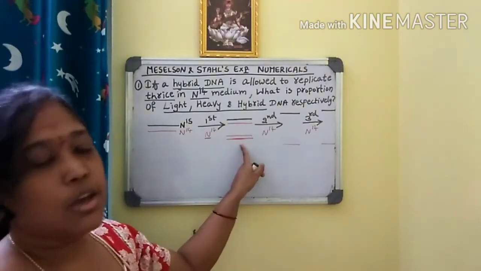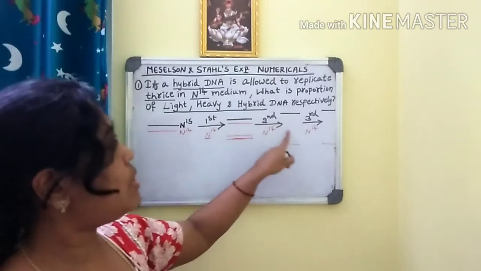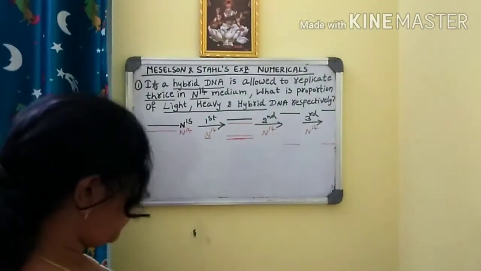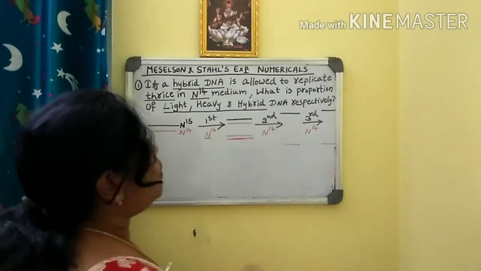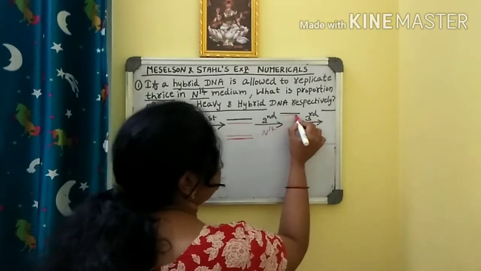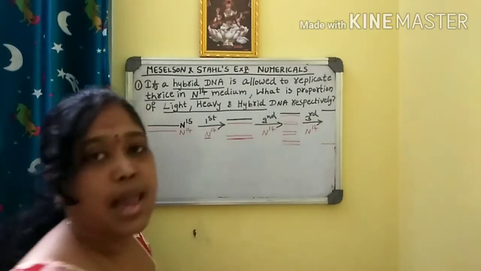So here 1 has become 2. Here 2 will double, meaning it will become 4. If it becomes 4, only this will be a hybrid and the rest will be light.